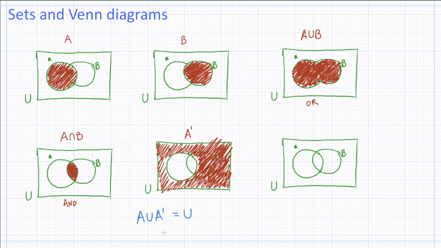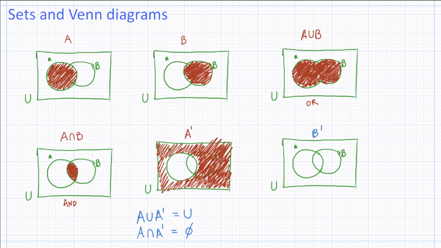Now likewise, what would be the intersection between A and its complement? Intersection is what both of them have in common. So that's AND. What does A have that not A also has? Nothing. So that's empty.